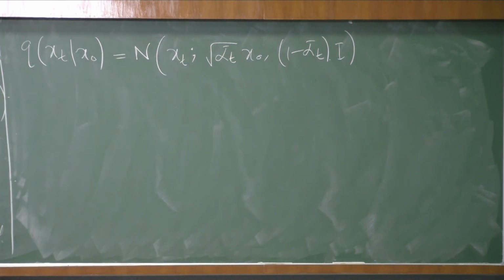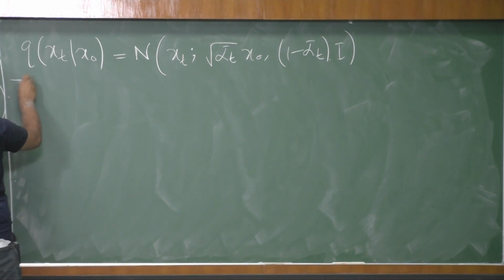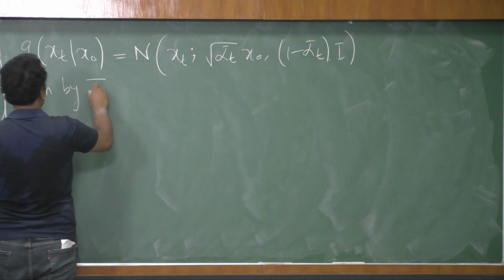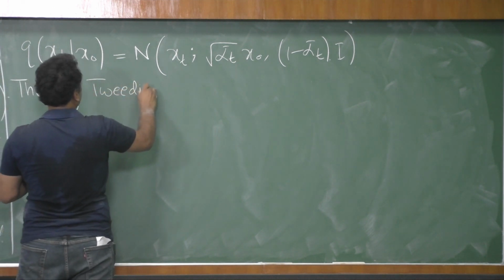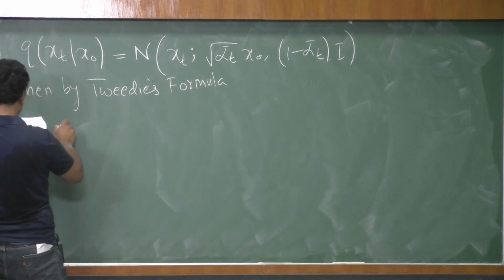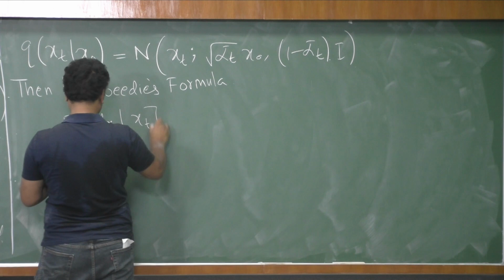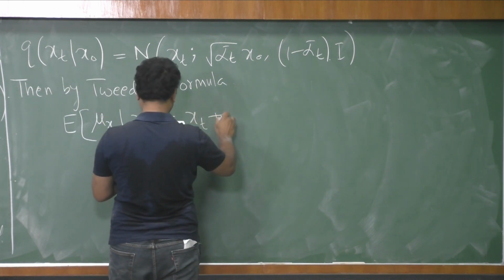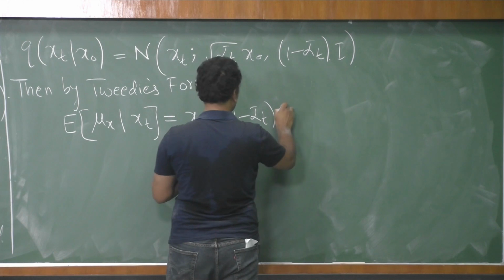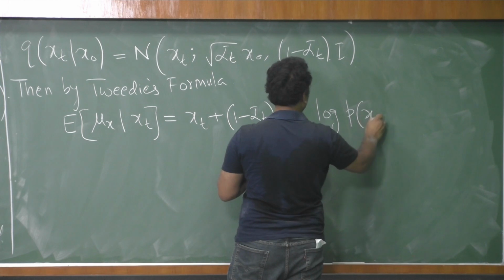But we may ask, using the Tweedie formula, what would be mu xt? Okay, what would be the prediction of the mean given that xt is there. So then, by Tweedie formula, we have expectation of mu xt, and this is equal to xt plus 1 minus alpha bar t grad xt log of p xt.